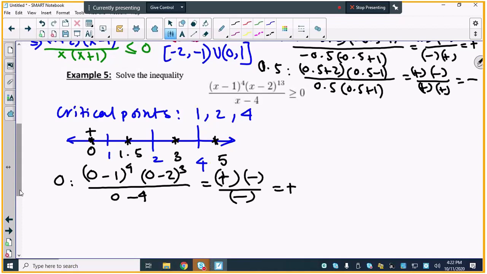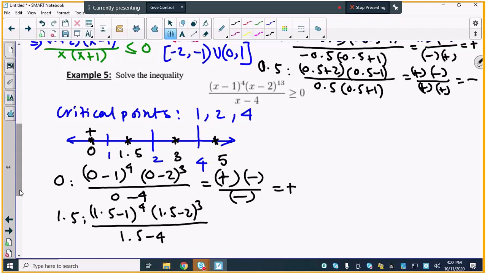Then I have at 1.5, so it's 1.5 minus 1 to the power 4, 1.5 minus 2 to the power 3, over 1.5 minus 4. Again, negative to the power even, or positive to the power even, both of them are positive. So this sign is always going to be positive. Then I have negative to the power odd, so that's negative. The bottom is still negative, so I still get positive.